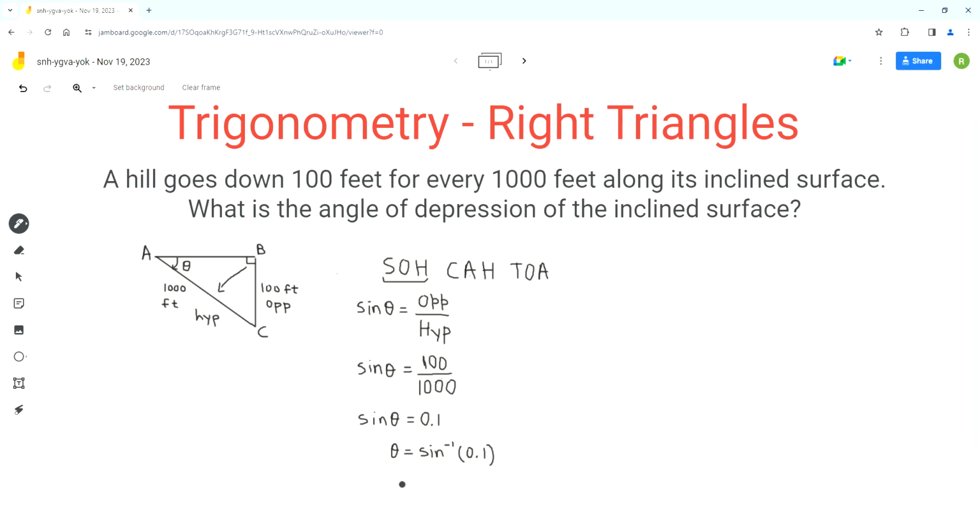And now we can use our calculator to evaluate this expression. So I got theta equals 5.74 degrees. So this should be the final answer for the angle of depression of this inclined surface rounded to 2 decimal places.